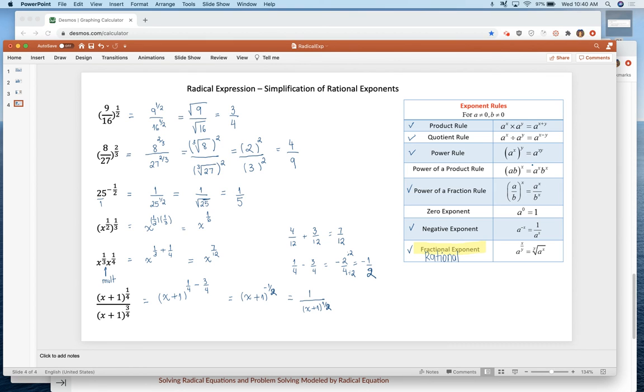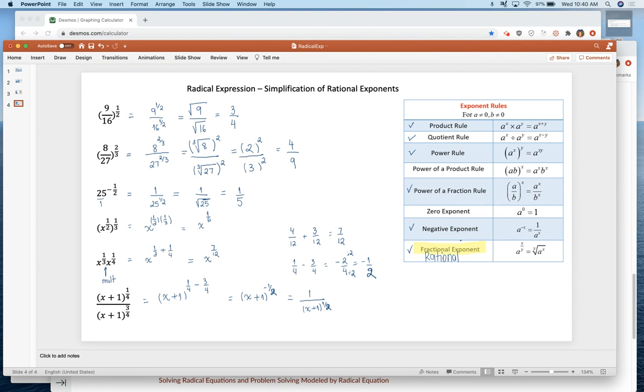As you manipulate those exponents, you become more and more familiar with those rules.